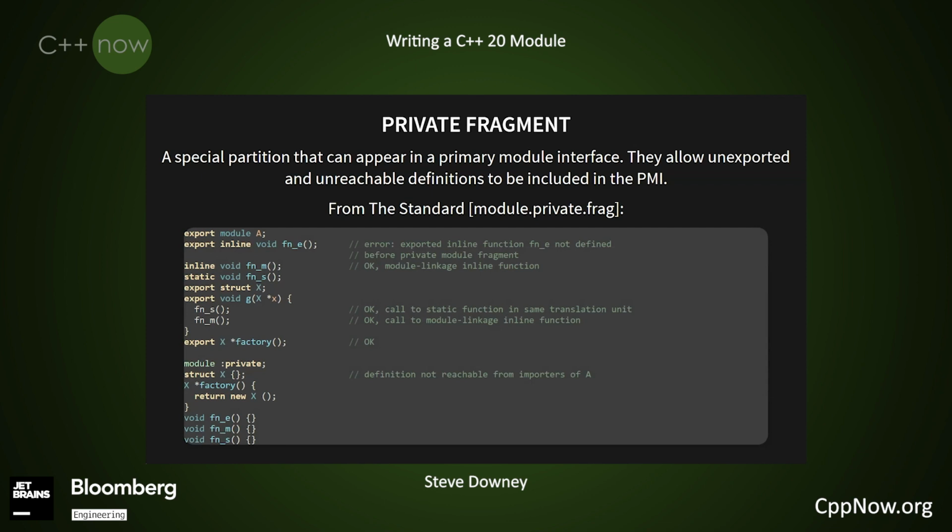So we're exporting module A. We're going to have the inline void function E. We also have an inline void function M and a static void function S. We're exporting the struct X without a definition. One important thing I haven't actually mentioned: the export needs to be applied at the first point of declaration.